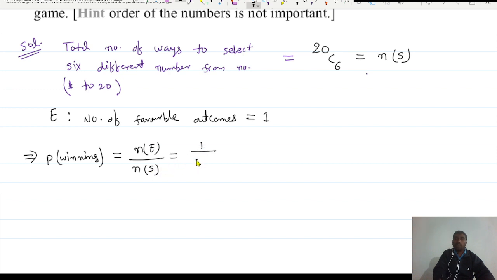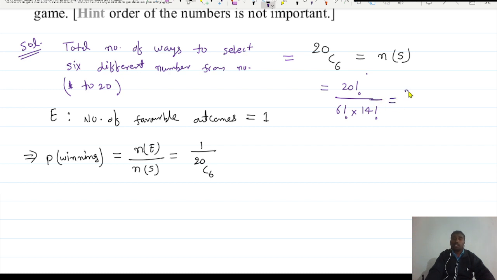So 1 upon 20C6. If you are solving this 20C6, it's again very easy to solve. You can leave it here also, or if you want to answer completely, then 20C6 is 20 factorial divided by 6 factorial into 14 factorial, nCr. Hopefully you remember the formula.